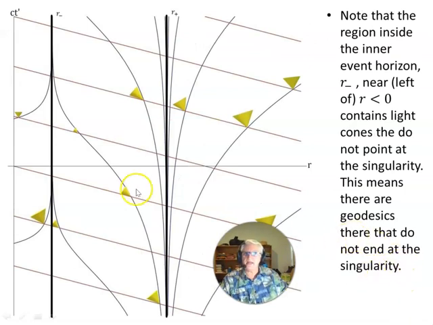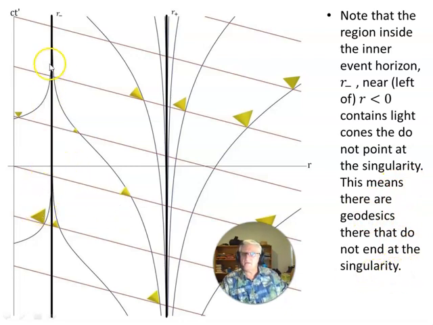All right, so here again, just showing, note that the region inside the inner event horizon, R minus, that's region 3 here, near left of R less than 0, which I can't show here, not in a sensible way anyway, contains light cones that do not point at the singularity. This means there are geodesics that do not end at the singularity.